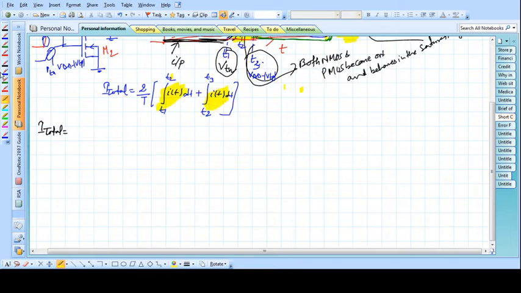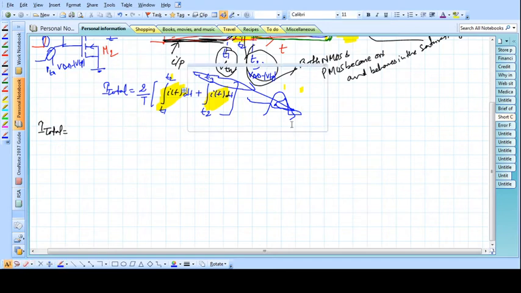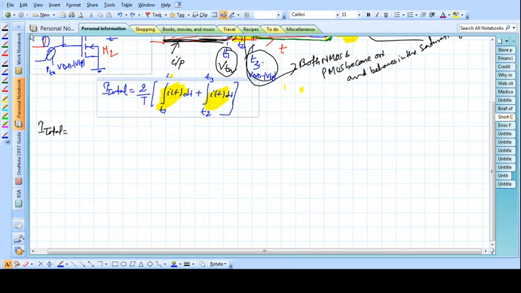Why am I saying both are equal? Because this is T1, T2 and T3.